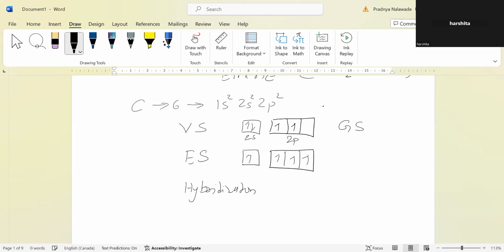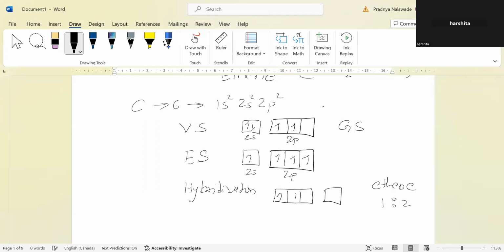Okay. Now, since we are forming ethene, the carbon to hydrogen ratio is 1 is to 2. What happens is one of the 2s orbitals and two of the 2p orbitals mix and recast to form three sp2 hybrid orbitals.